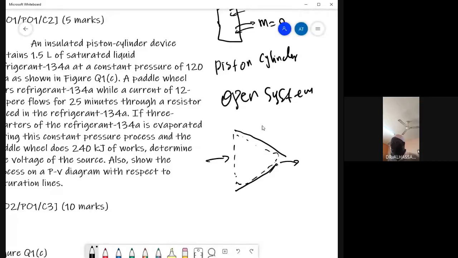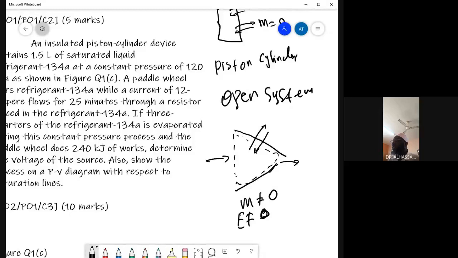So here, mass is not equal to 0. Similarly, energy is also not equal to 0. So it means energy can flow in and out.